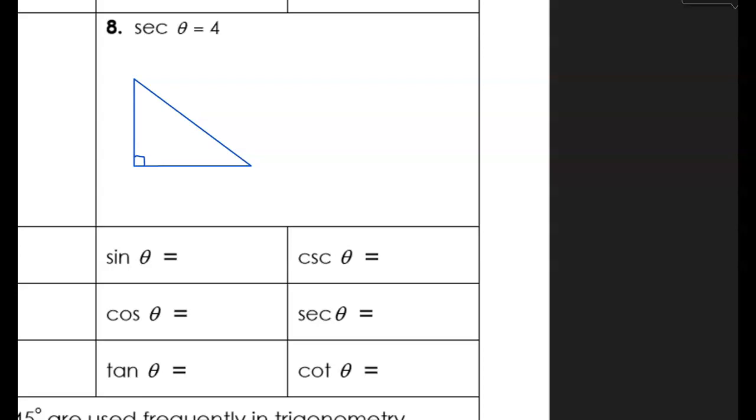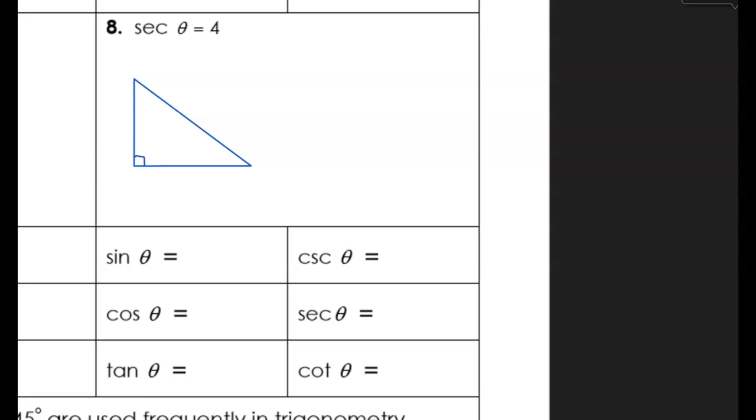Now, do you think it matters where I put theta, where I put my angle? It doesn't matter. All that matters is that you're consistent on where the opposite, adjacent, and hypotenuse sides are.